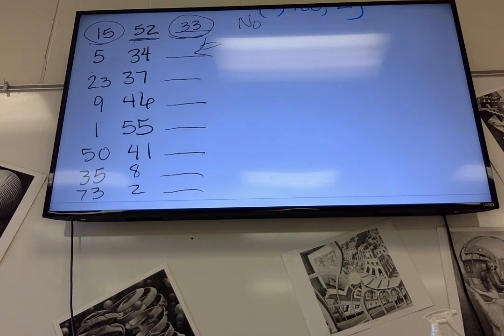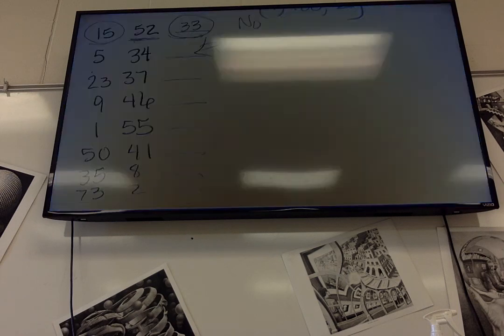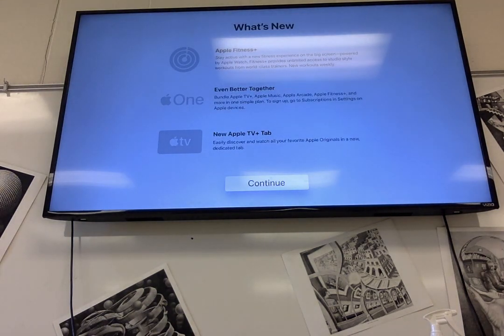Holler at me if you need help. What are we doing again? You're going to keep hitting enter to find your 2 random numbers and write those down, but they can't add up to more than 100 to begin with. And then you're going to fill in the rest of that table.